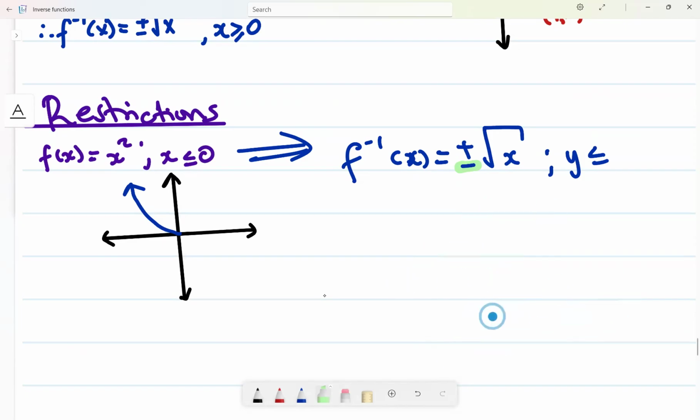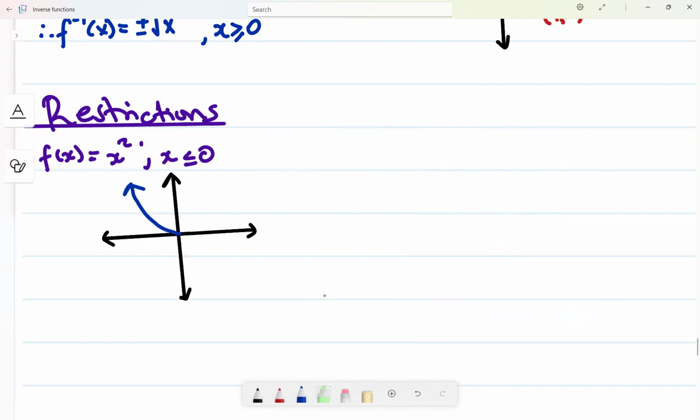So now the inverse of this one is going to be negative square root of x, no longer plus or minus. If this one is less than 0, I'm taking the negative. If it is greater than 0, we'll come to that.